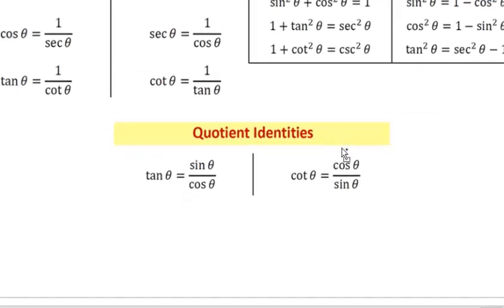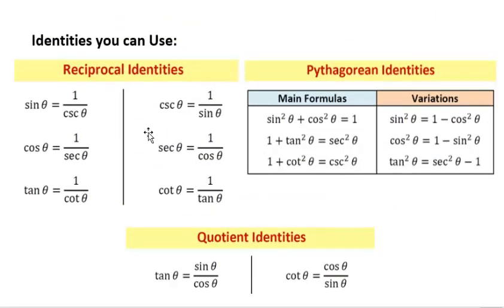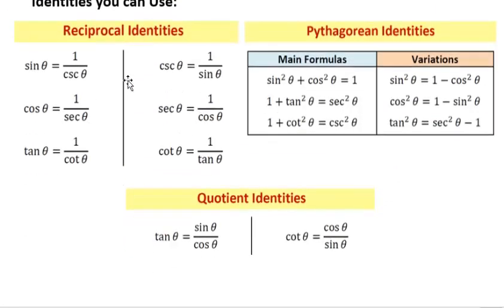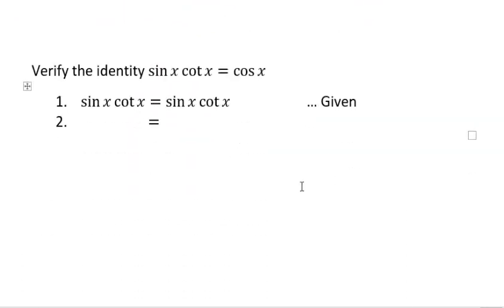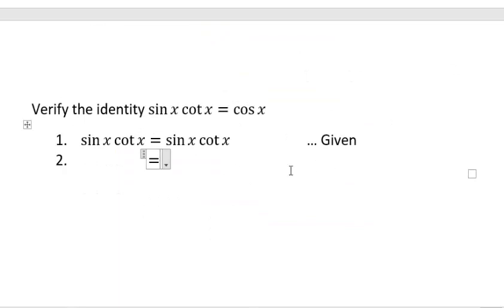So what can I use that is gonna help me? I have cotangent as 1 over tangent, and I have cotangent as cosine divided by sine. I'm gonna use this one, not this one. You're gonna see later why. Okay, now this thing is a quotient identity, so that's the explanation I'm gonna give. Okay, I'm gonna use a quotient identity in cotangent.